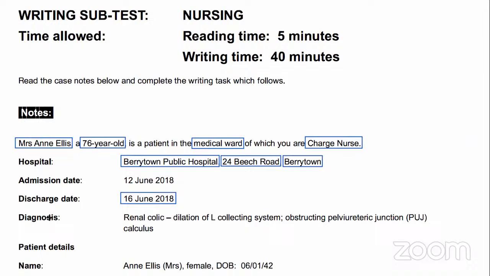And next one, diagnosis. So what is diagnosis? A renal colic. Okay. And when she was admitted, admitted on, discharged on.